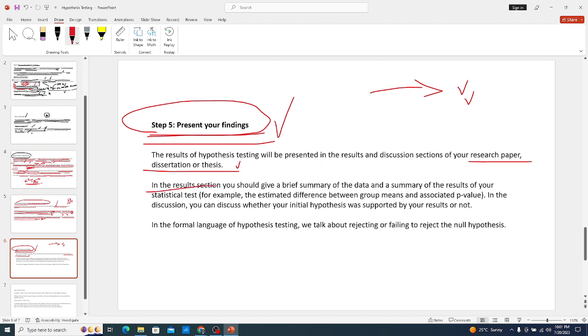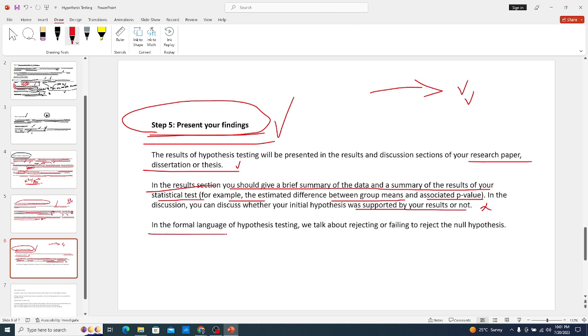In the results section you should give a brief summary of the data and the results of your statistical test, for example the estimated difference between group means and the associated p-value. In the discussion, you can discuss whether your initial hypothesis was supported by your results or not.